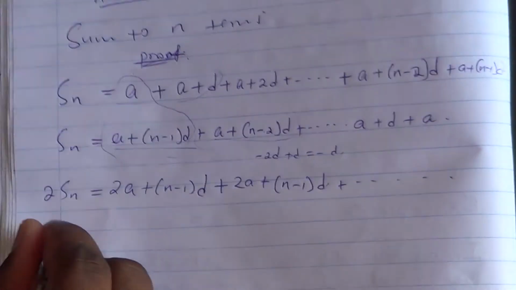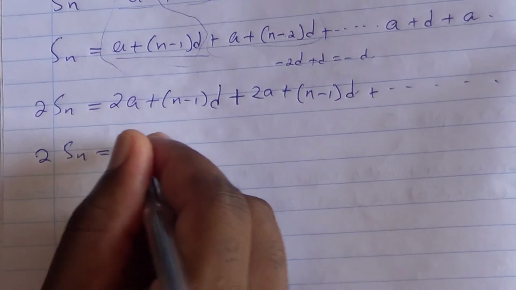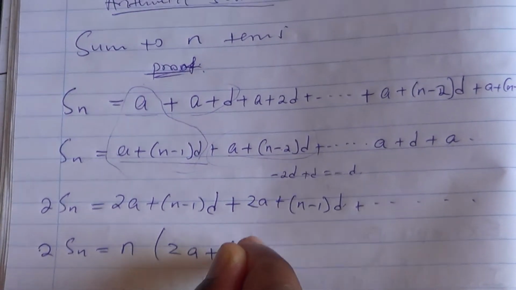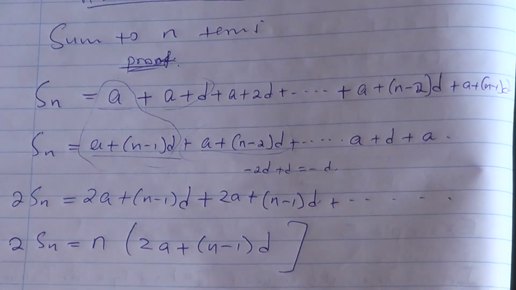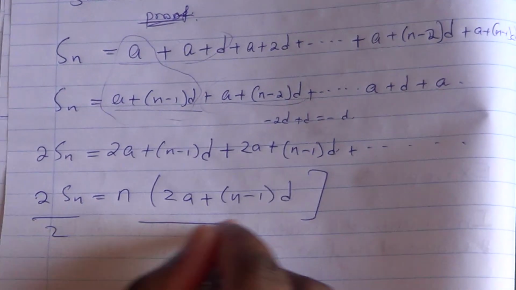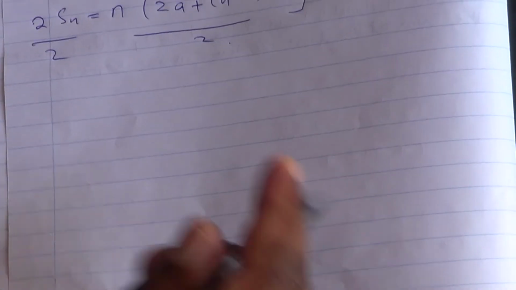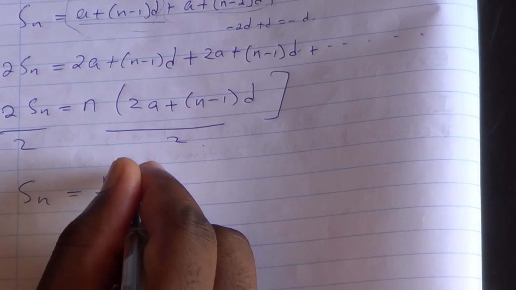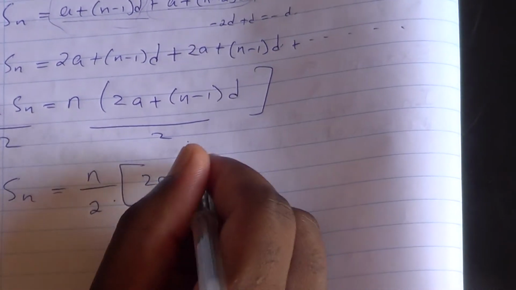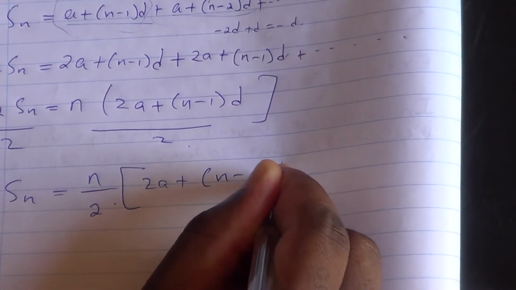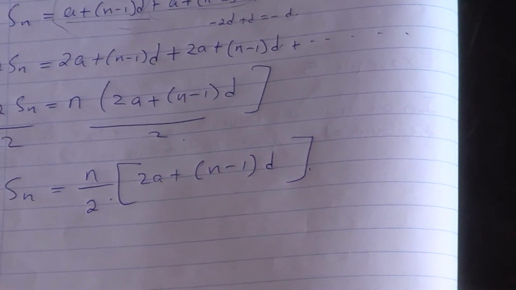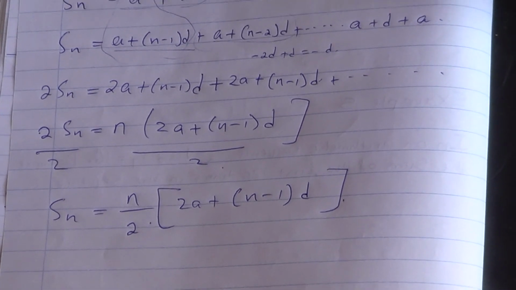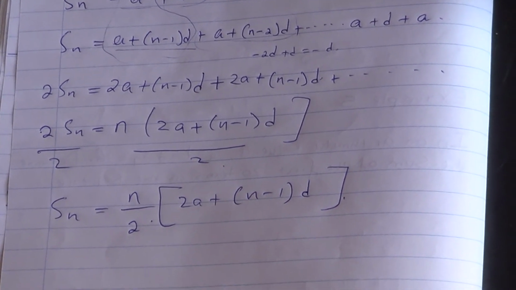So it's going to be 2Sn is equal to n into [2a plus (n minus 1)d]. Divide both sides by 2 like we did back there. Then we're going to have Sn is equal to n over 2 into [2a plus (n minus 1)d]. This is the formula to calculate the sum of an arithmetic series.